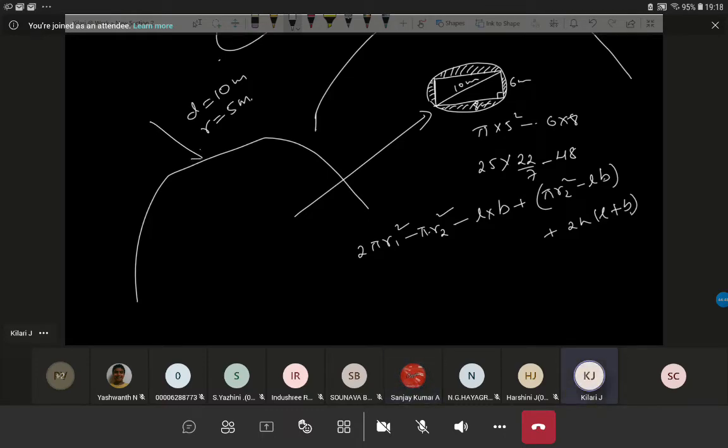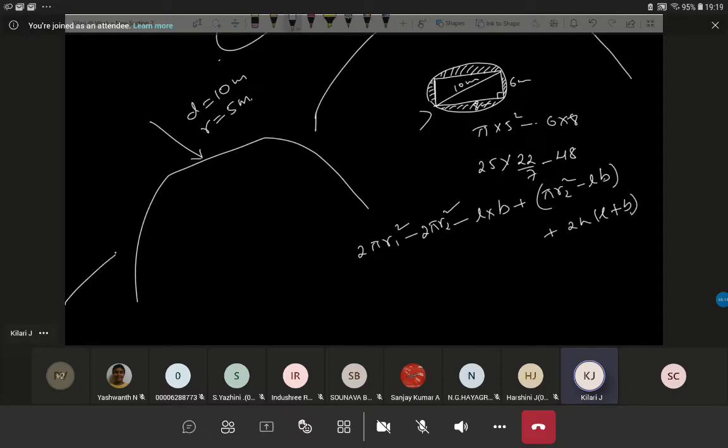Yes. To remove the dome area, it will be minus the whole dome, minus 2 pi r square. Yeah, 2 pi r2 square. Okay, now I'm coming back, Sanjay.